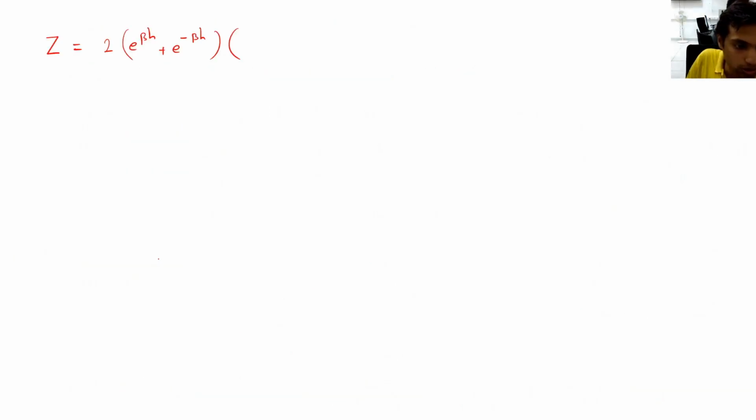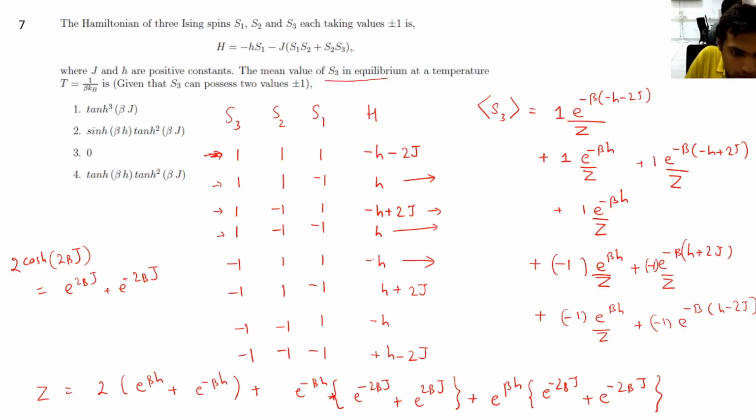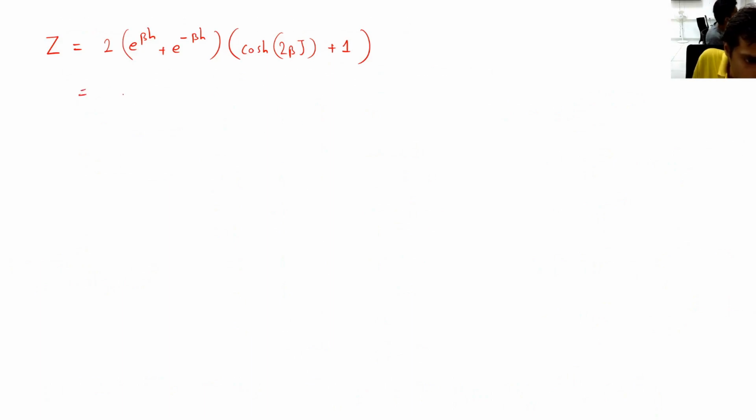So on using that, what we have is cos hyperbolic 2 beta j plus 1. Okay, now we can further simplify this as, so this you can write as 2 times 2 cos hyperbolic beta h, and this you can write cos hyperbolic 2 beta j plus 1.